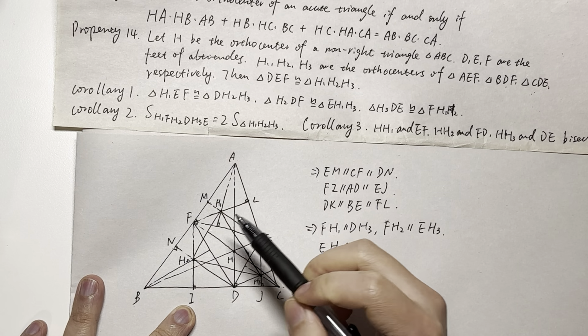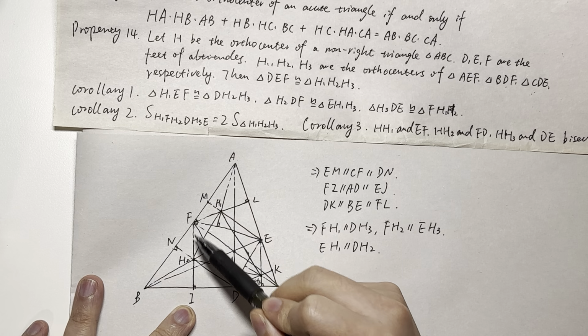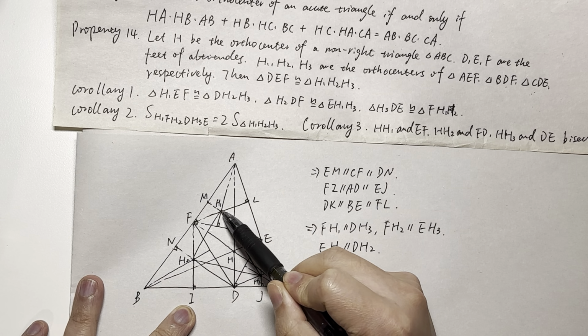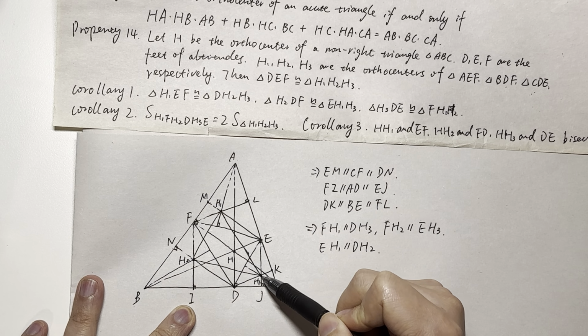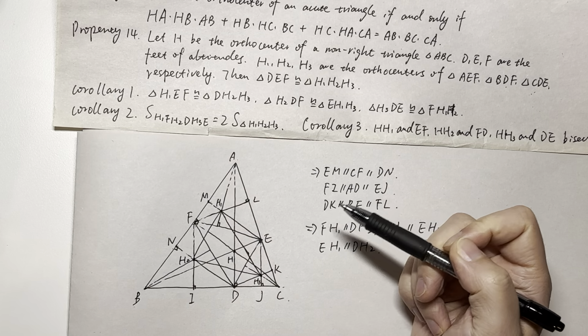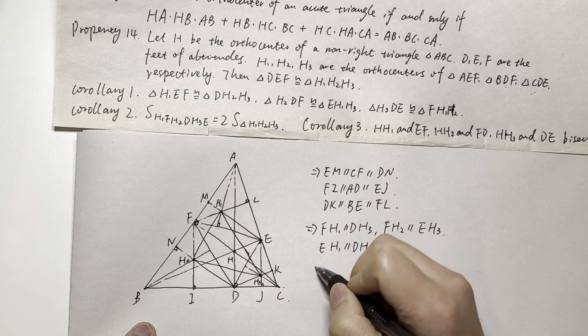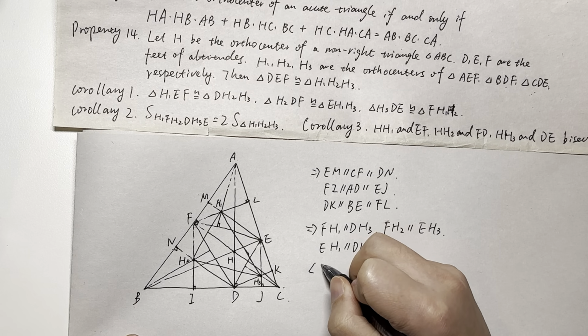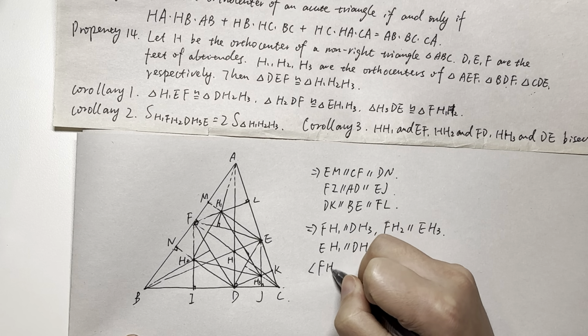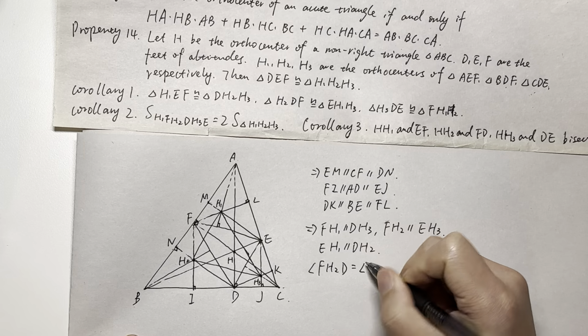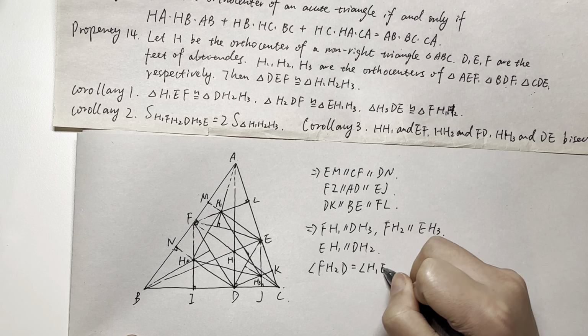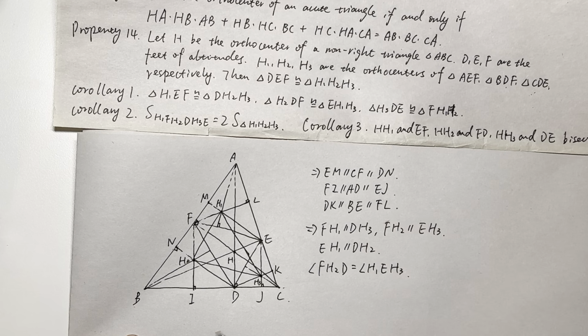So we already know that angle FH2D equals to angle H1EH3. Right, that is true for all other angles. So angle FH2D equals to angle H1EH3.